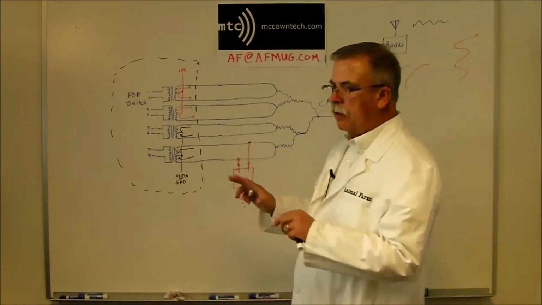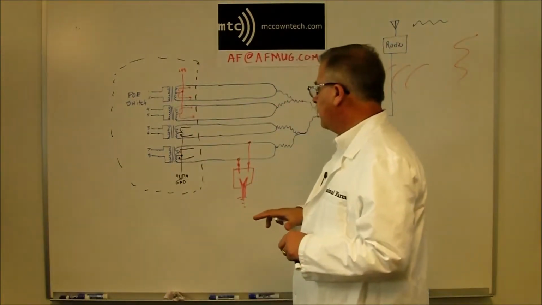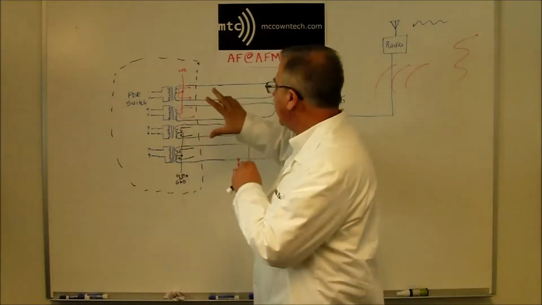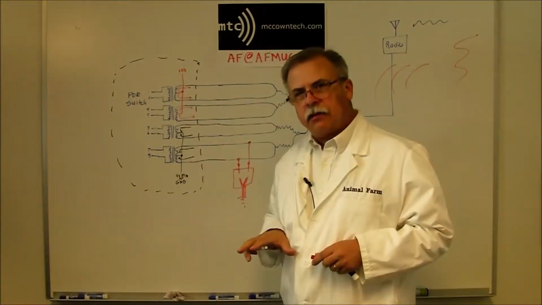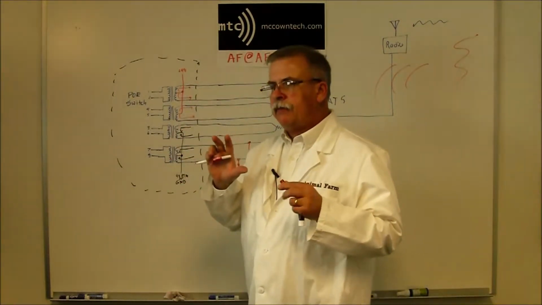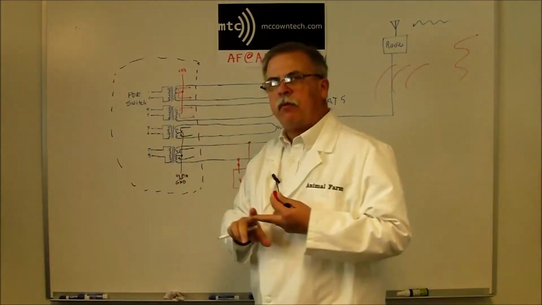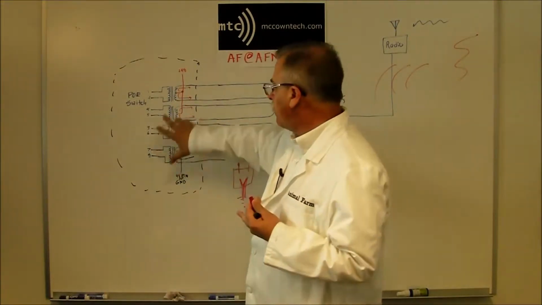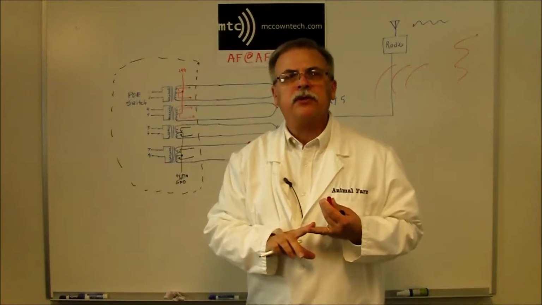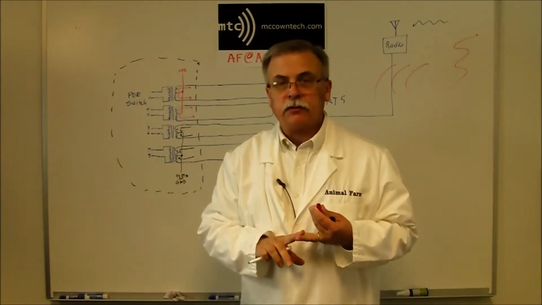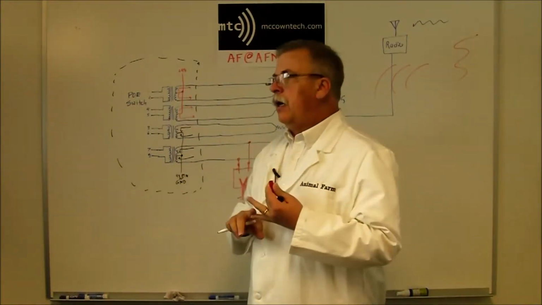Well, here's the problem. This doesn't like that in some cases. This does not like to be shorted to ground. Some of these devices, if you short them to ground, you'll blow the whole port. Some of them, if you short them to ground, it just forces a reboot or reset of the whole switch. That's not good either.